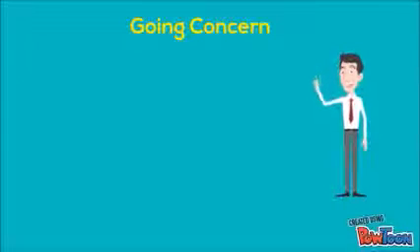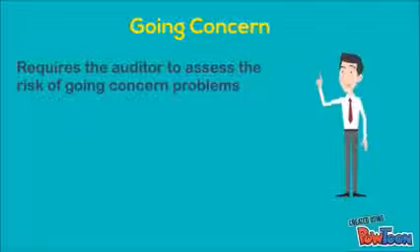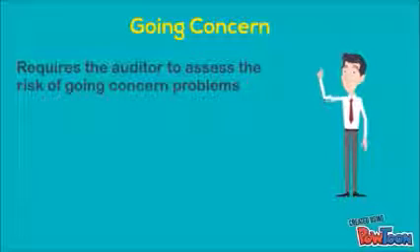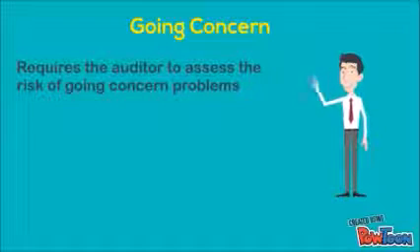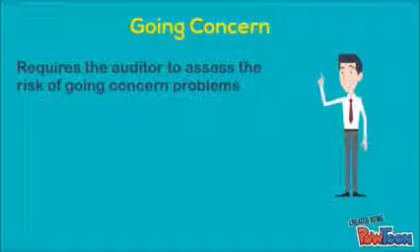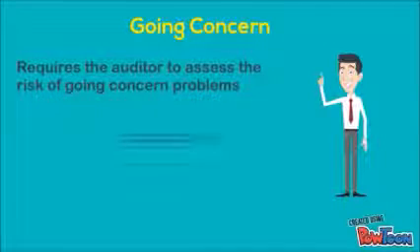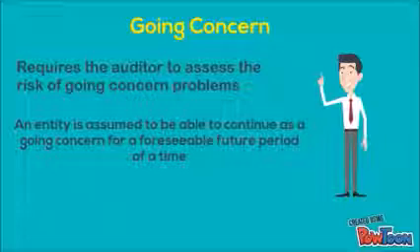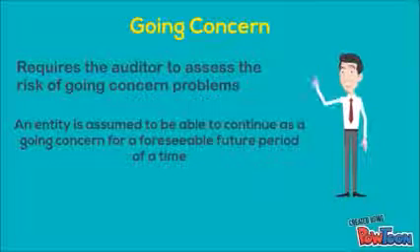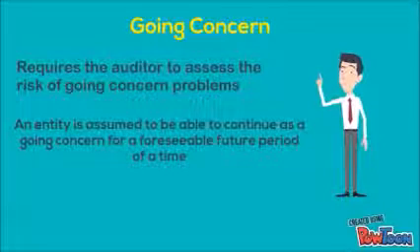Going concern. It requires the auditor to assess the risk of going concern problems at the planning stage and again during the final review. There is an important assumption underlying the preparation of financial statements. Under the going concern assumption, an entity is assumed to be able to continue as a going concern for a foreseeable future period of time.